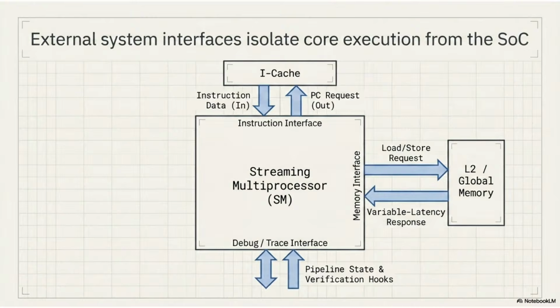And then to the different iCaches, because the PC request comes in and the instruction data actually comes into the streaming multiprocessor, and then there is a debug interface, which is for debugging purposes on the hardware side.